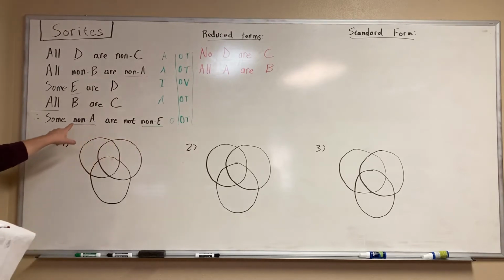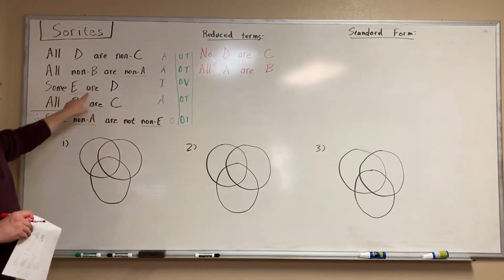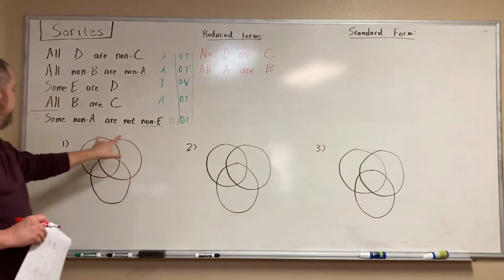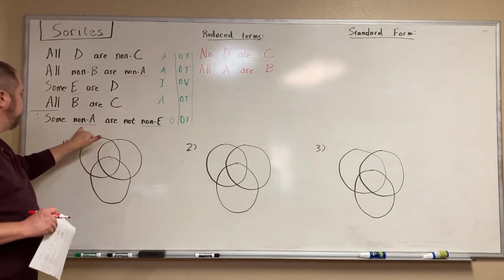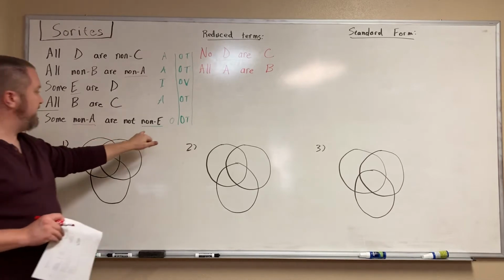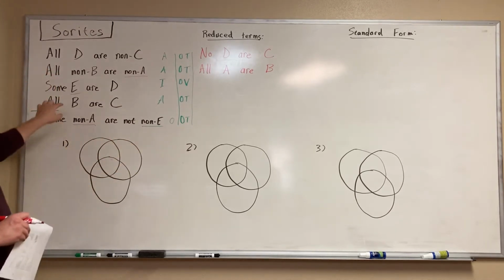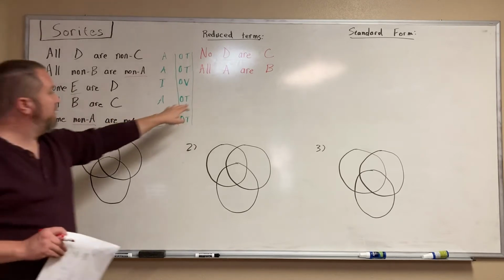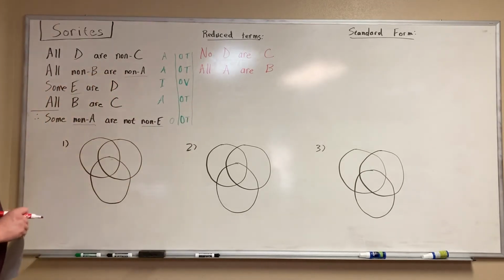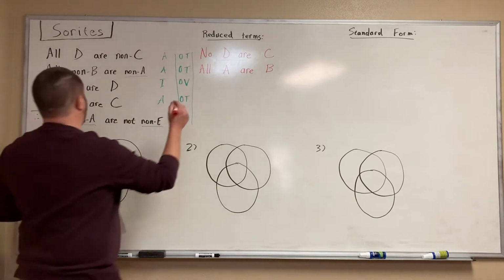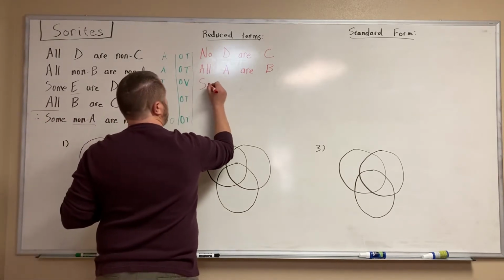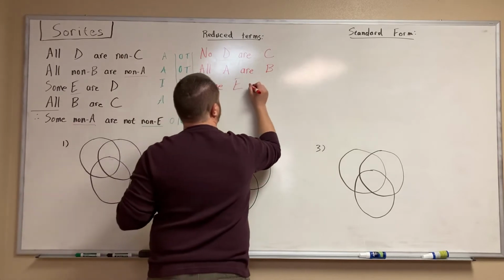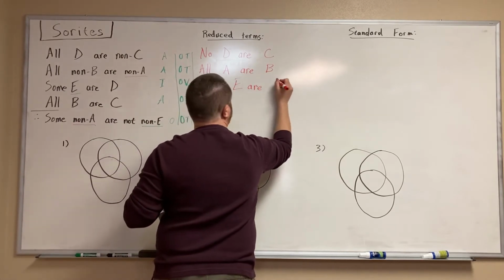But you'll notice that if we can keep these two premises the same, if we can do contraposition on this, which is going to change both of these. So non-A will become A, non-E will become E, and then we'll be matched up here, and then we'll also be matched up with the new A. So let's go ahead. I'm pretty sure that'll work. So let's go ahead and fill these in. Some E are D.